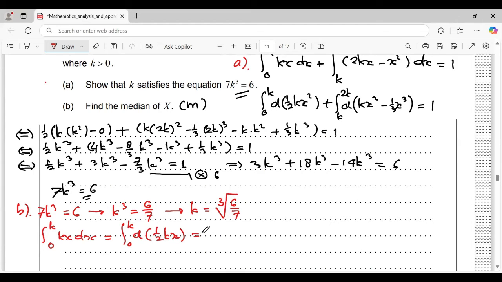At k, it becomes half k times x squared, so half k cubed, or half times 6 over 7, which is 3 over 7.